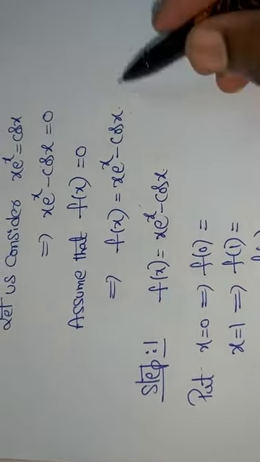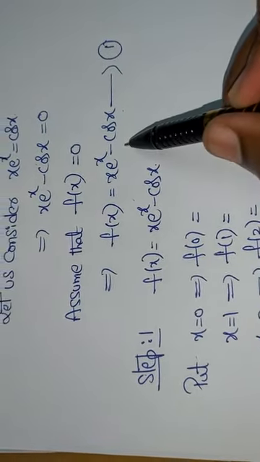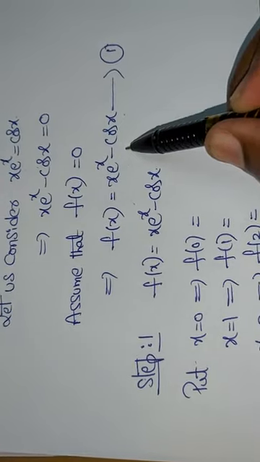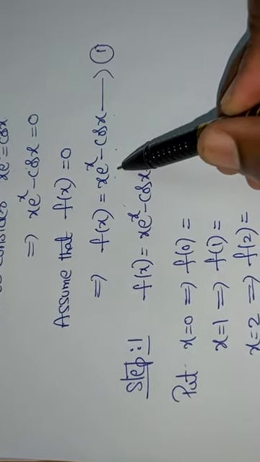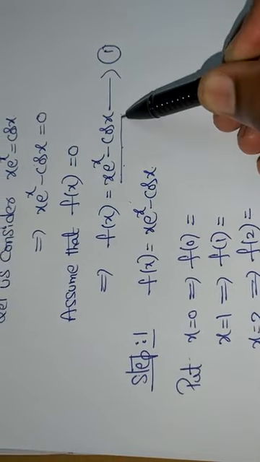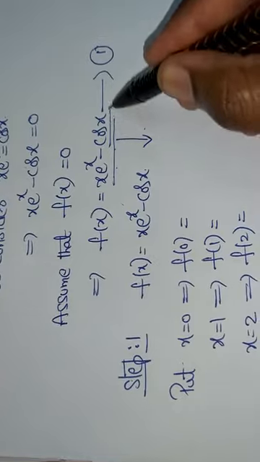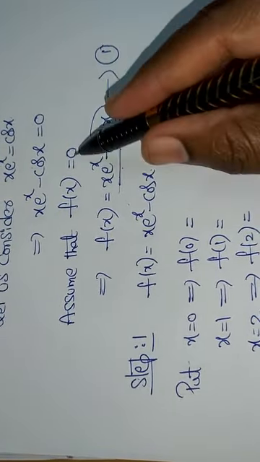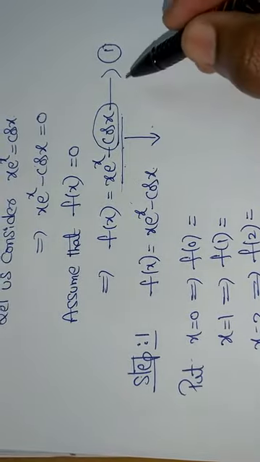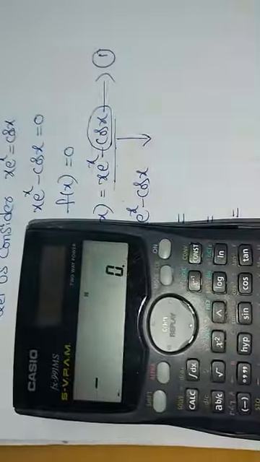To solve this equation, first we have to apply the intermediate value theorem. To apply the intermediate value theorem, you have to save this equation. This equation contains the trigonometric function cos x, so we can put the calculator in radians mode.